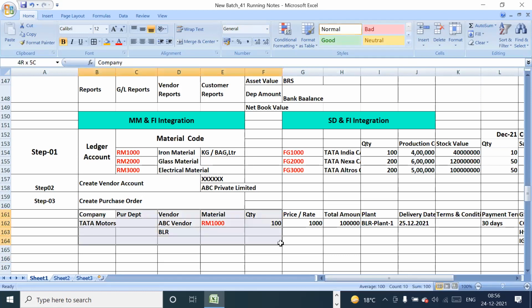Like that, these are the key pieces of information we have to specify. Purchase order means, tomorrow if someone asks in an interview, don't tell just one single line. Don't give single line answers. You have to tell some key fields, key information, what we specify in the purchase order. Also you have to tell whether you are going to procure material or service.